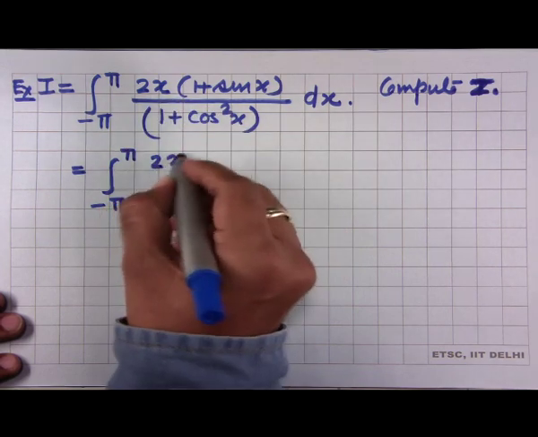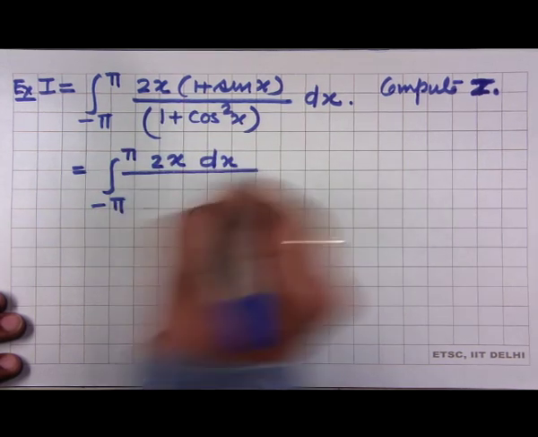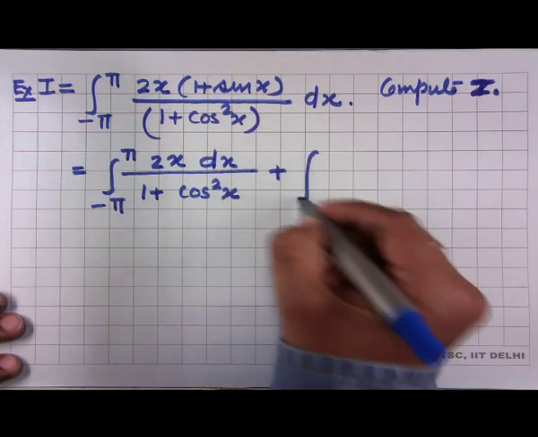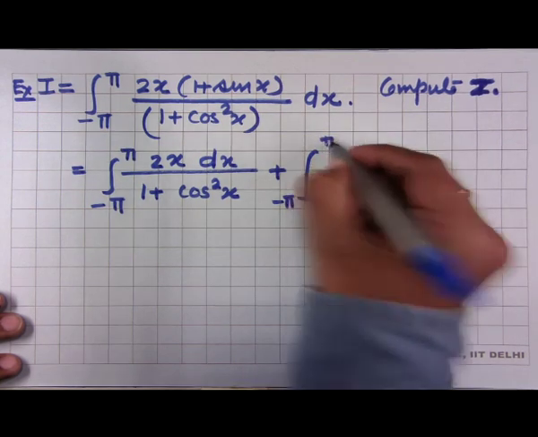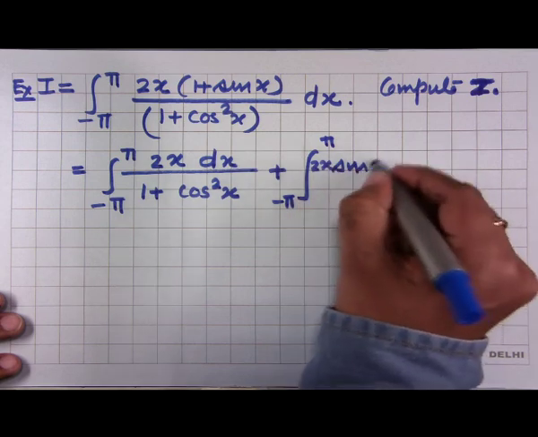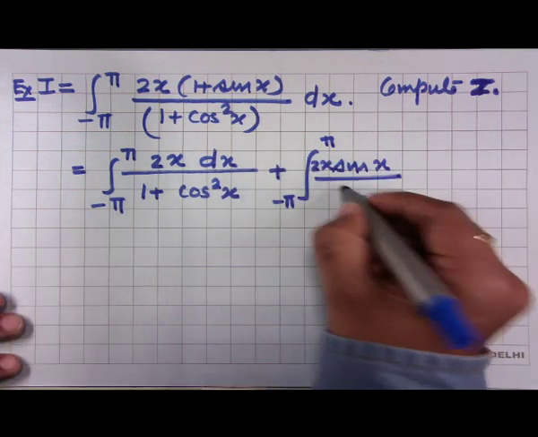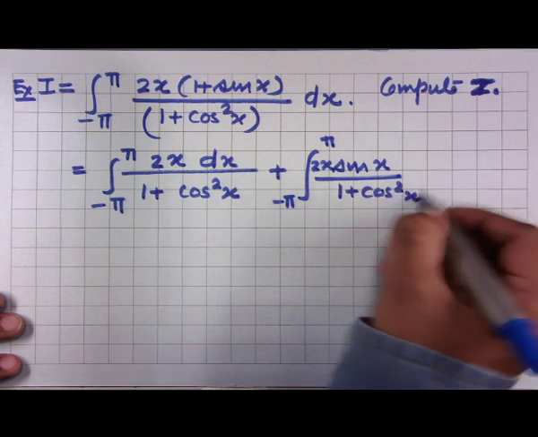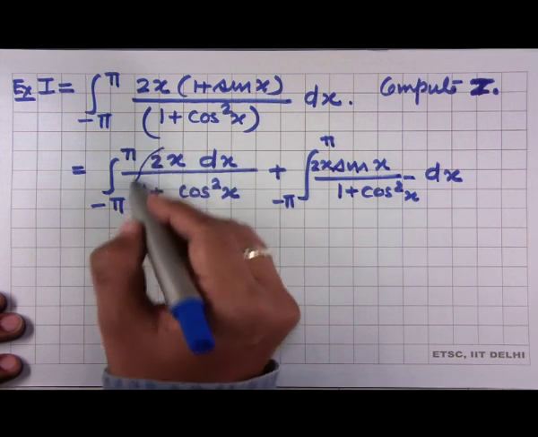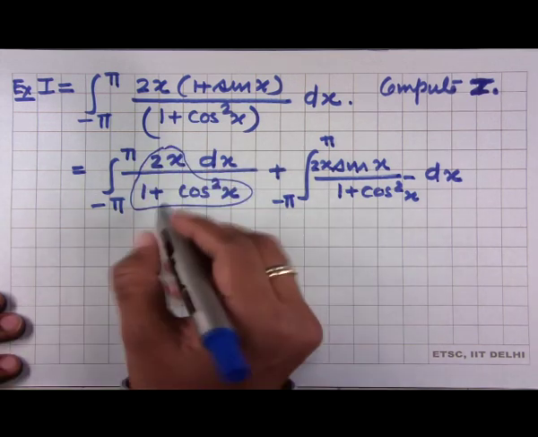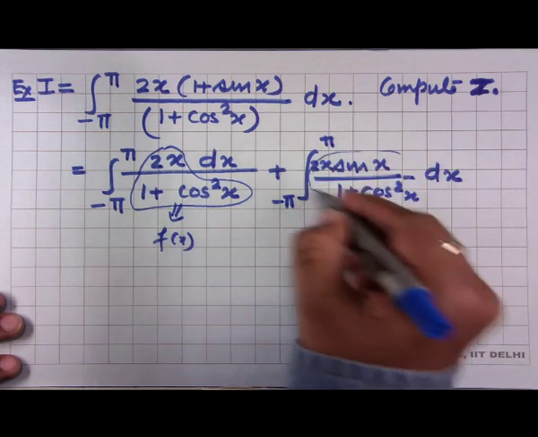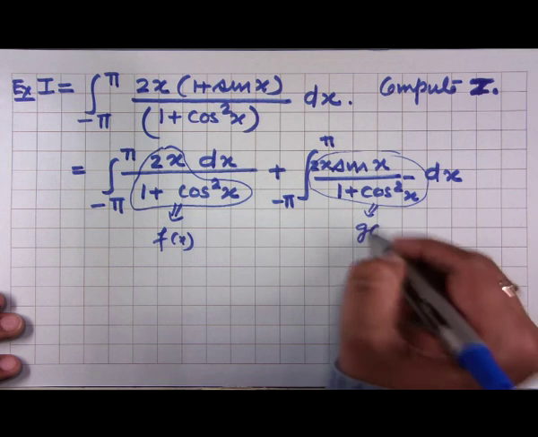So you get the integral from minus pi to pi of 2x sin x upon 1 plus cos square x dx. Say 2x by 1 plus cos square x is fx and say this is gx.